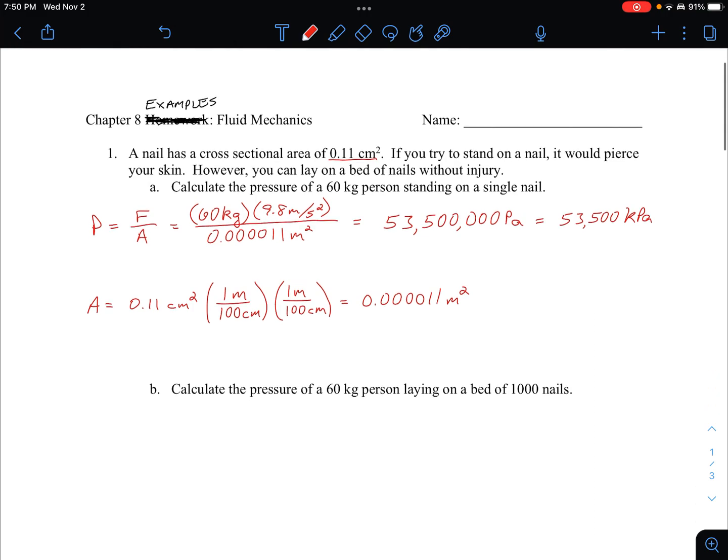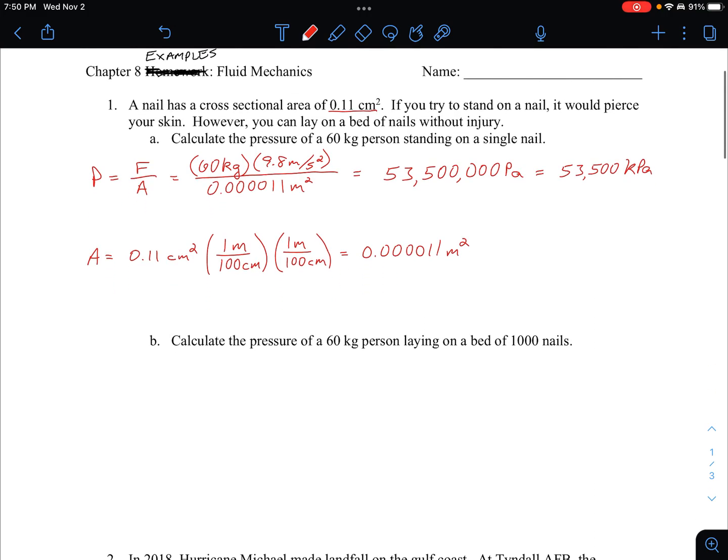All right, so if that same person is laying on a bed of 1,000 nails, what this does is it changes the area. So the force is the same, 60 kilograms. But if the person's body weight is distributed over those 1,000 nails, we now have a new area, which is 1,000 times the area of one nail.